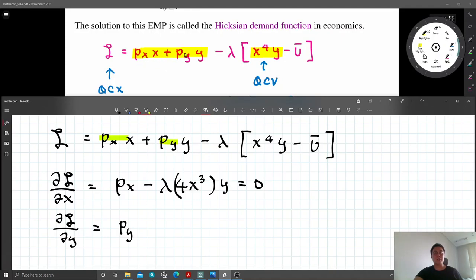Which consumption bundle gives us the least cost in order to achieve this target utility? If we take the derivative of p sub y times y, treating p sub y as a constant, we are just left with p sub y. And x to the power fourth y becomes just x to the power fourth. So we have this one.